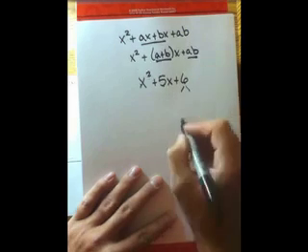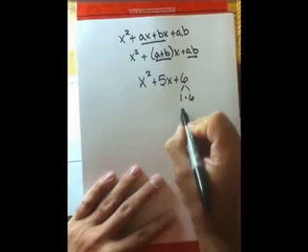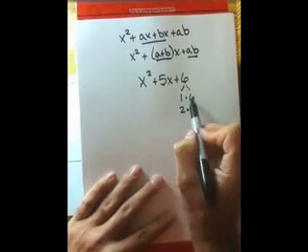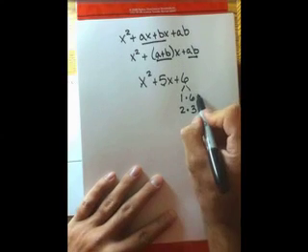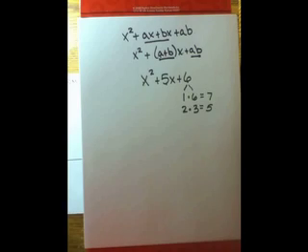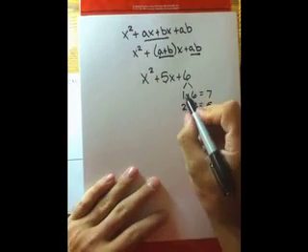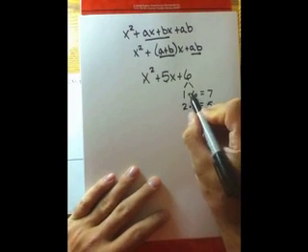If we have 6, the factors of 6 would be 1 times 6, or 2 times 3. If we use these terms for a and b, we see that 1 plus 6 gives us 7.